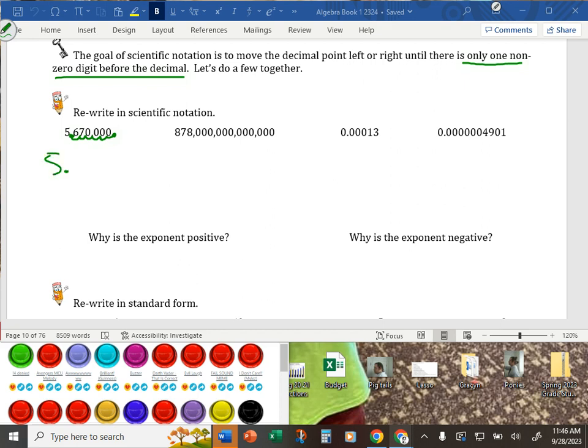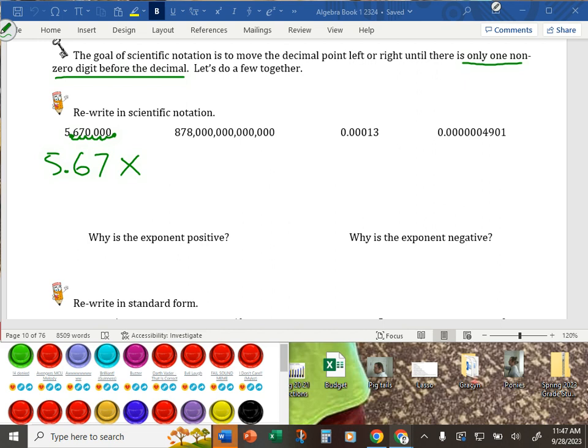And so our number, we put the 5, we put the decimal, all the non-zero digits get written, the 6 and the 7. This is the only time you'll ever see me use an X to show that you are multiplying, because that's what scientific notation says to do. All right? It's a science thing, right? So we have to follow it.